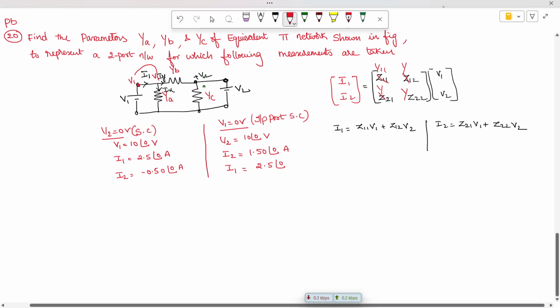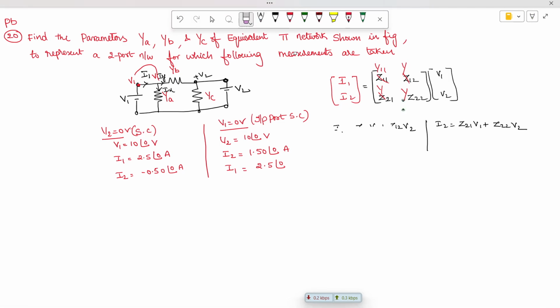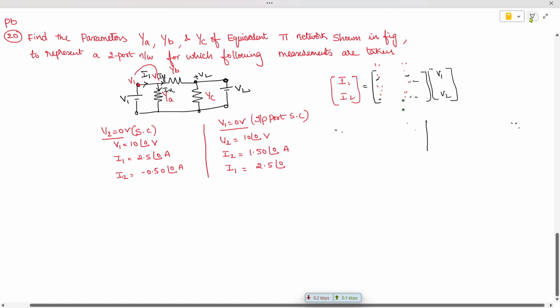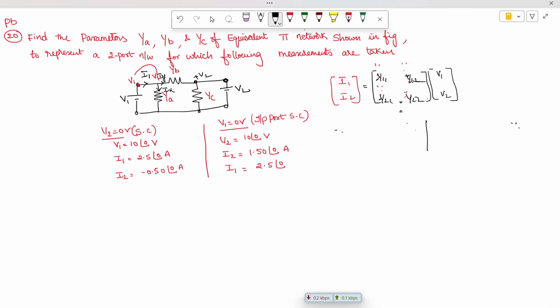So the ultimate equations we are going to get: I1 is equal to Y11 V1 plus Y12 V2, and I2 is equal to Y21 V1 plus Y22 V2.